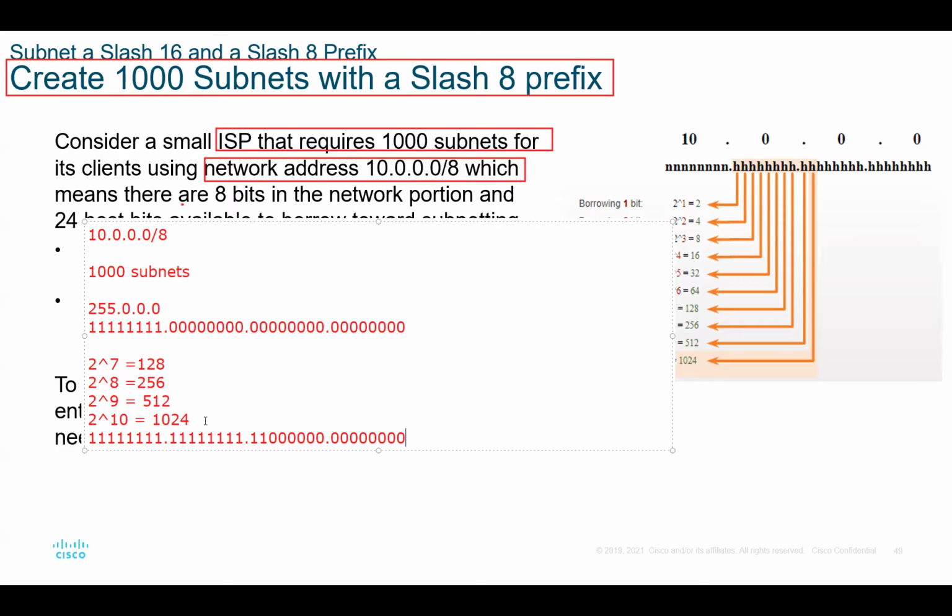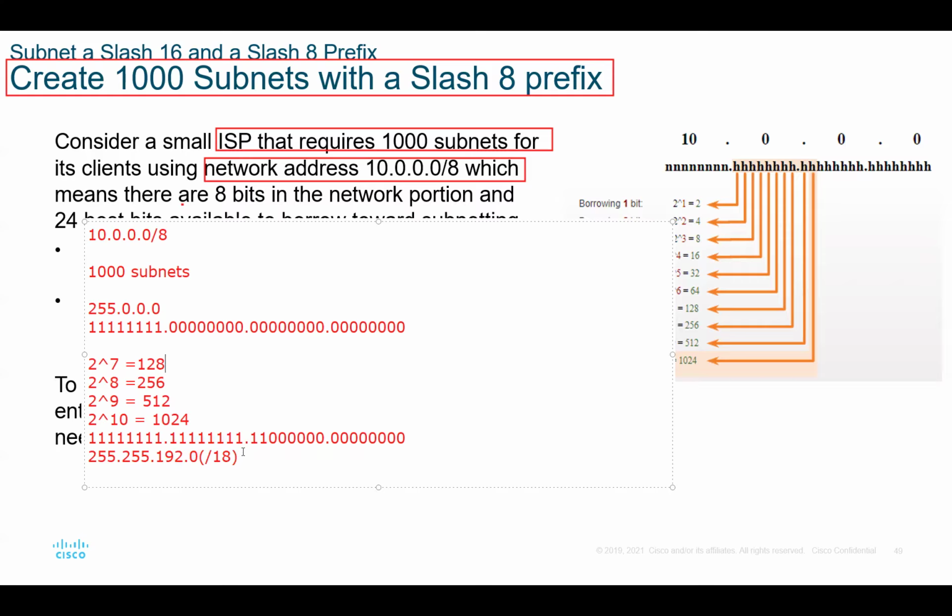If you write this one in dotted decimal, it is 255.255.192.0. So this will become our new subnet mask. And this one is a slash, that is 16, 17, 18, a /18. This is what will give us at least 1000 subnets.